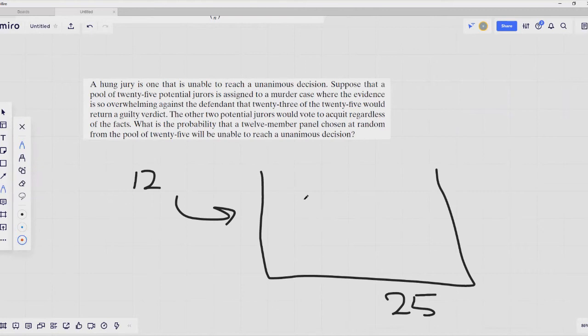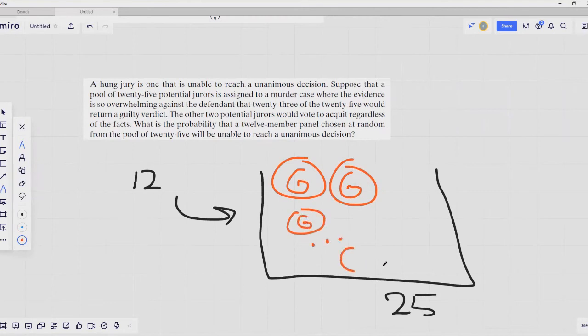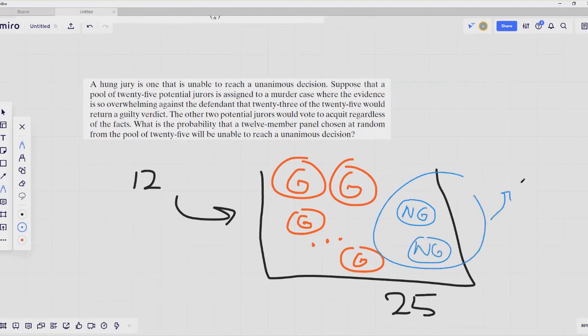So let's color them in red. The other two potential jurors would vote to acquit regardless of the facts. So we have two not guilty chips in our urn. So there are two blue and 23 red chips.